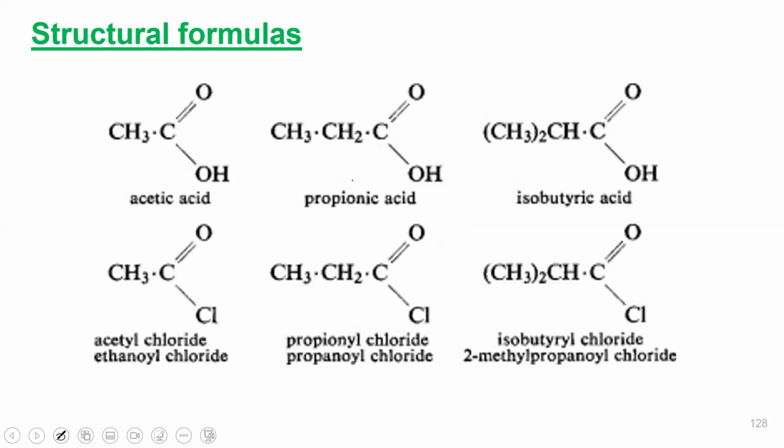So acetic acid, propanoic acid, these are the acids, and down is their corresponding acyl chlorides. The syllabus wants you to connect an acyl chloride with a corresponding carboxylic acid.